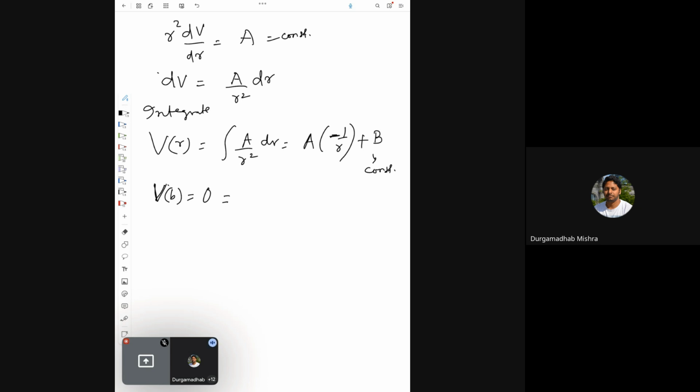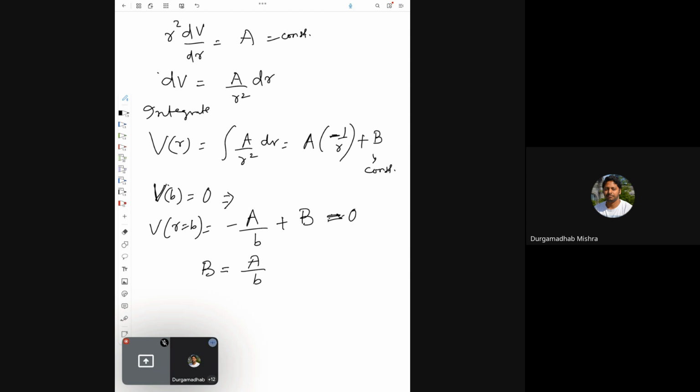which implies, what will be V at R equal to b? We'll just substitute. This will be minus A divided by b, small b, plus capital B, which is equal to 0. So that means I know a relation between B and A. So B should always be equal to A, capital A, divided by small b.